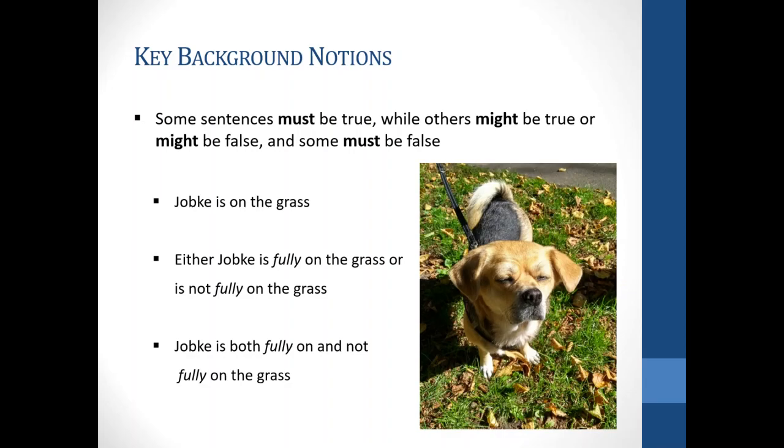How about either Yabka's fully on the grass or not fully on the grass? Well, if we think about this sentence, at least prima facie reading, it looks like no matter how the world works out, it's going to be true. Because suppose Yabka's on the grass. Well, fully on the grass, she's no little back legs on the walkway or anything.